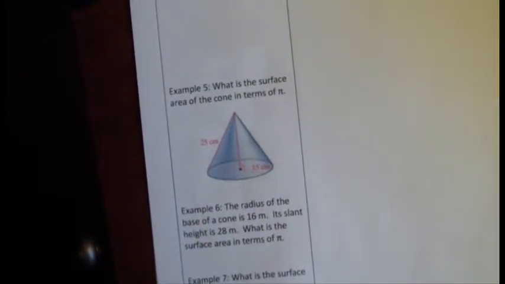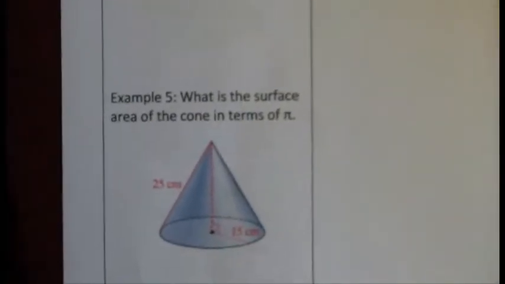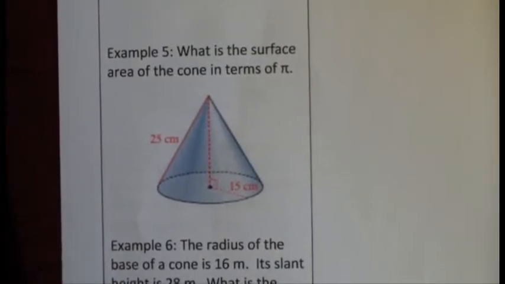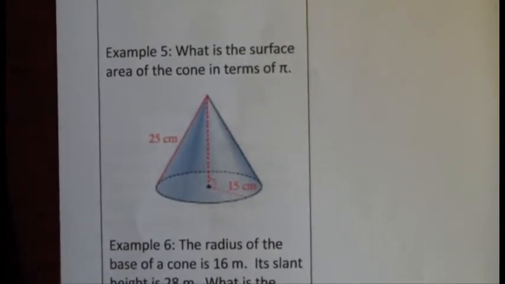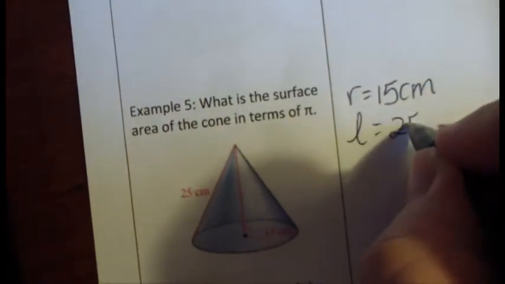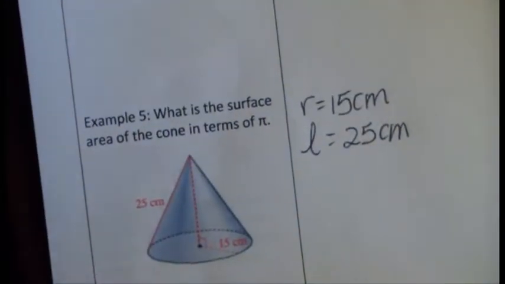Let me zoom in a little bit on this. Example 5. What is the surface area of the cone in terms of pi? We've got our radius is 15 centimeters, and our slant height is 25 centimeters. That's all we need to plug into our formula.